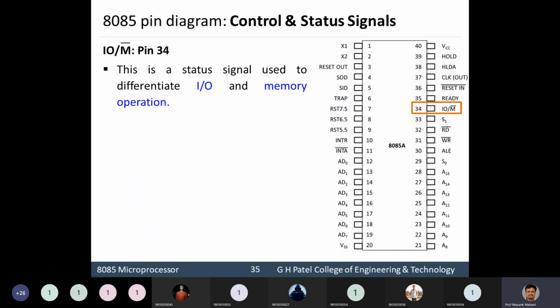Pin number 34, that is IO/M, is a status signal used to differentiate IO and memory operations. Whether the microprocessor is going to carry out an IO operation or a memory operation is differentiated by pin number 34. Whenever pin number 34 is high, it is an IO operation.